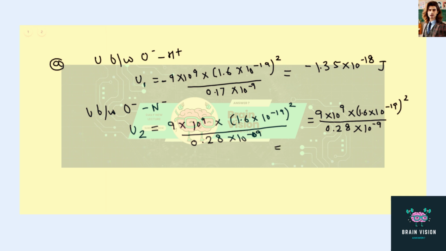This gives us 8.22 times 10 to the power minus 19 joule.